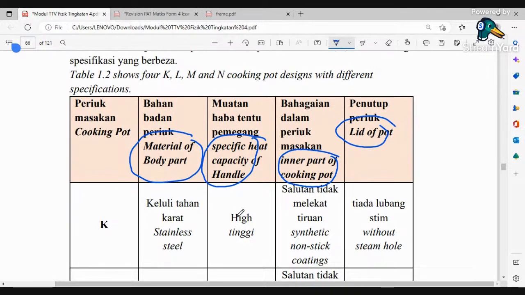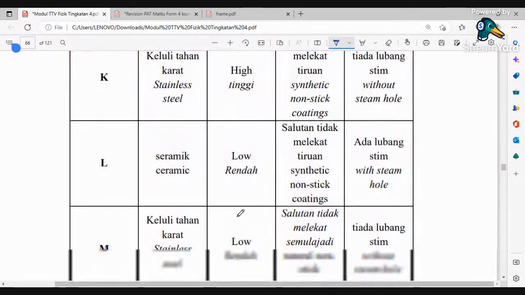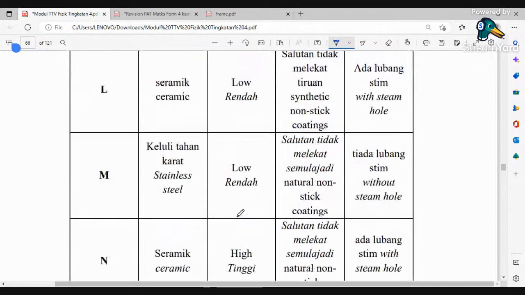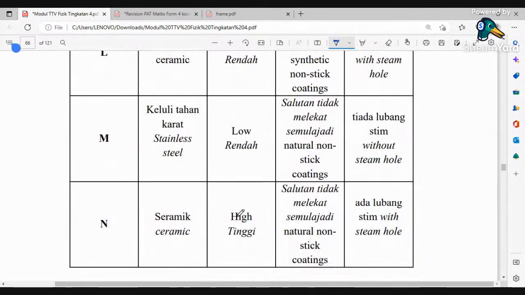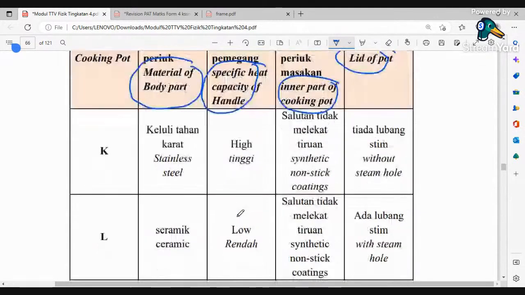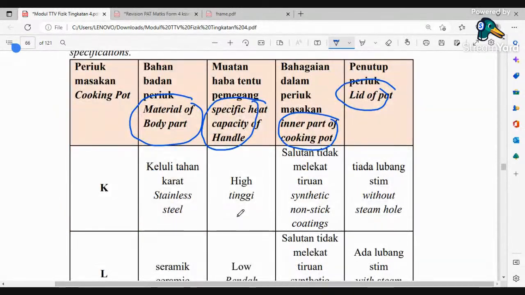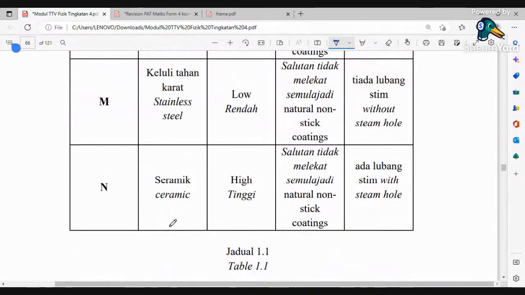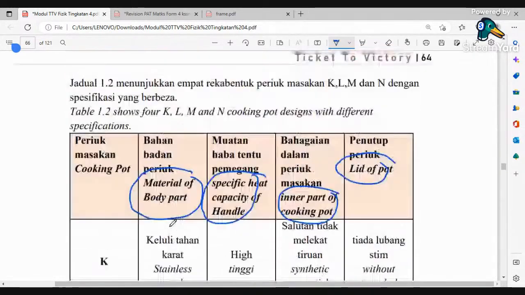Okay, these properties we see below. Okay, let's look at the first one. Material of body part is either stainless steel or ceramic. So which one should we use?